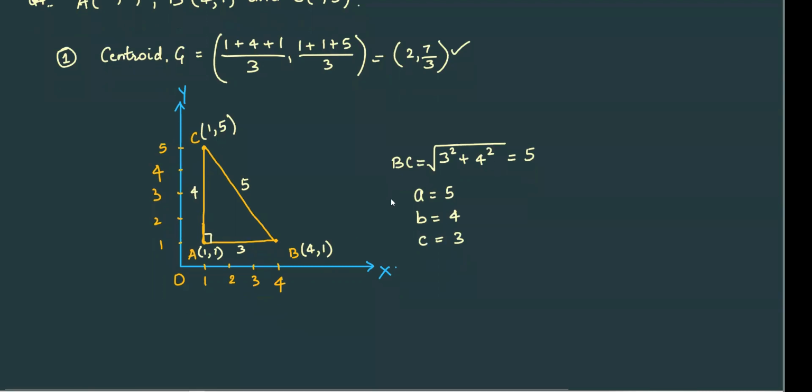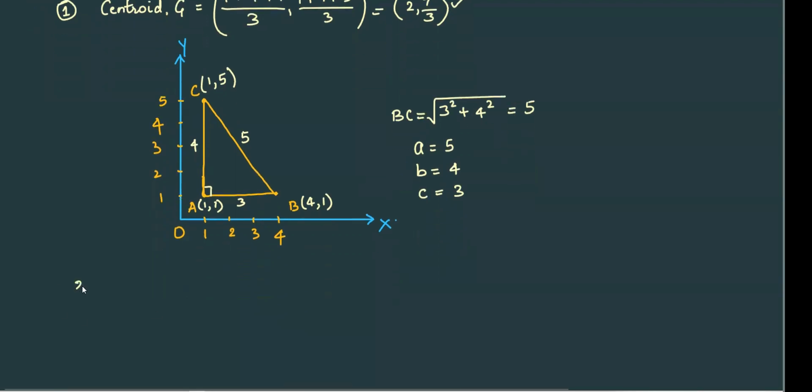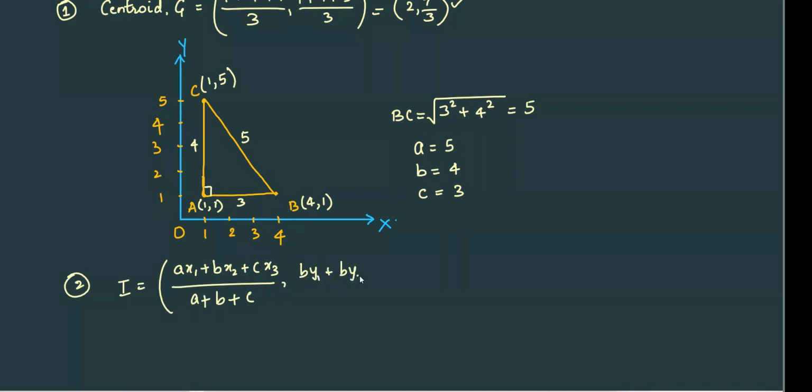Now we have to apply the incenter formula. Incenter is (a x1 plus b x2 plus c x3) upon (a plus b plus c), and (a y1 plus b y2 plus c y3) upon (a plus b plus c).